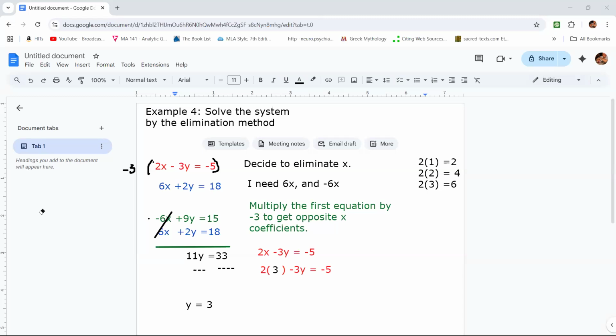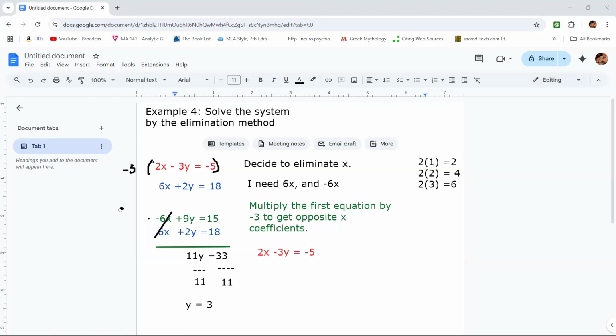I'm going to take one more step back. I'm going to remove this from my problem. So I have 2x.